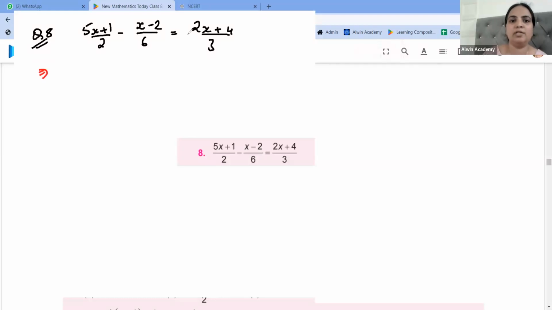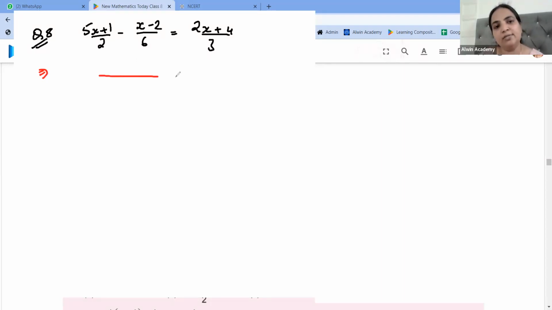Okay. So I'm explaining this 8th question to you people. Dekho bacha, let's take LCM of 6 and 2, that is 6 only, right? Yes, ma'am. So I'll have to multiply this with 3 and this all with 3.